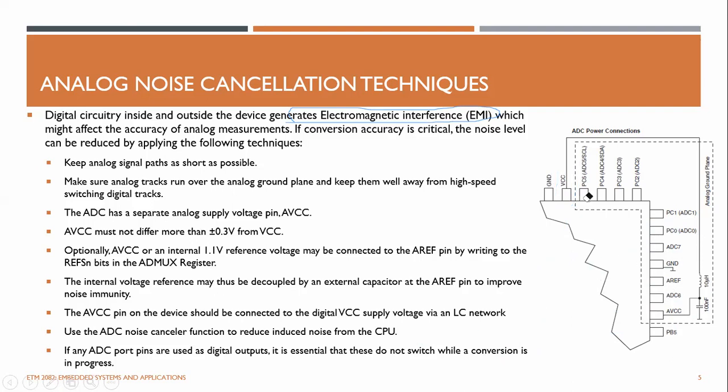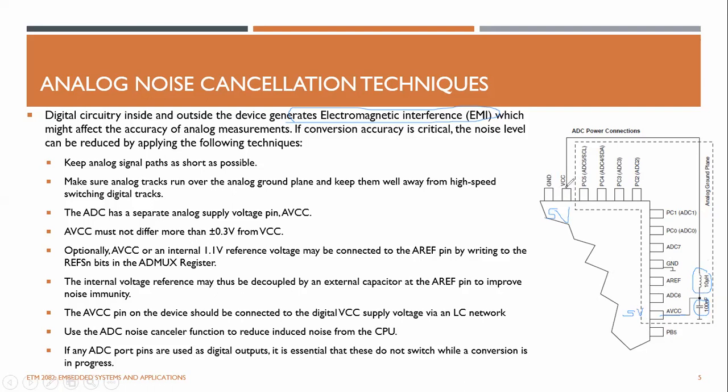If you just want to use this VCC, make sure at least you're using an LC type filter, and then couple to this AVCC, because this is 5 volt. You need to have a 5 volt supply here, so you can't always rely on a separate supply.